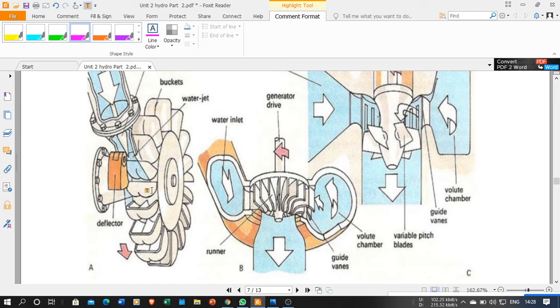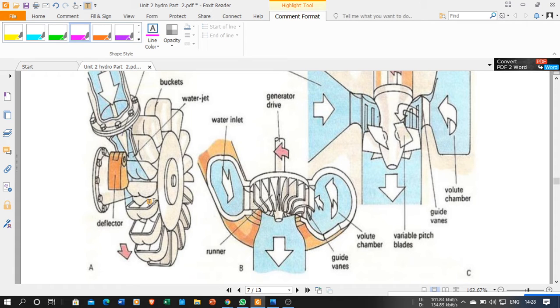When this falls on the buckets, it applies a pressure on the buckets, and the bucket will move in the downward direction. The pressure causes the bucket to move downward, and that causes the rotation, because when the bucket goes down, the next bucket will come over here, and the water jet will fall on this one.